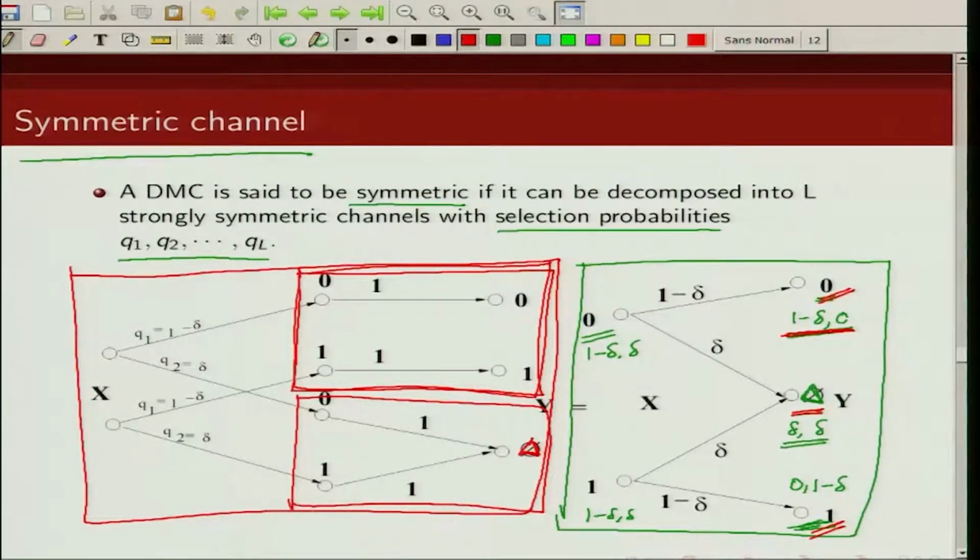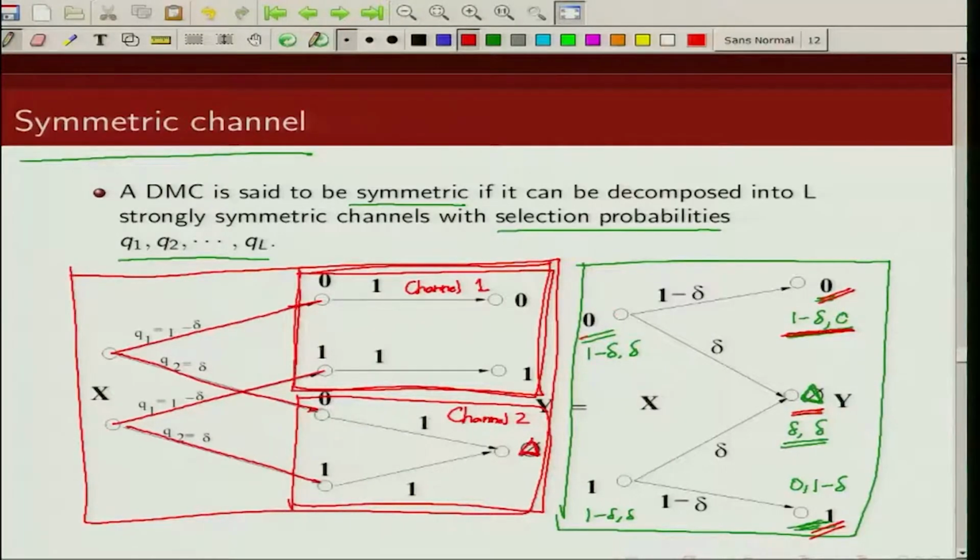With probability Q1, I am going to select this channel, let's call it channel 1, and with probability Q2, I am going to select channel 2. Now note that these two channels are exactly equivalent. Why? Look at the transition probability from this input to this output. This is 1 minus delta, which is 1 minus delta into 1.